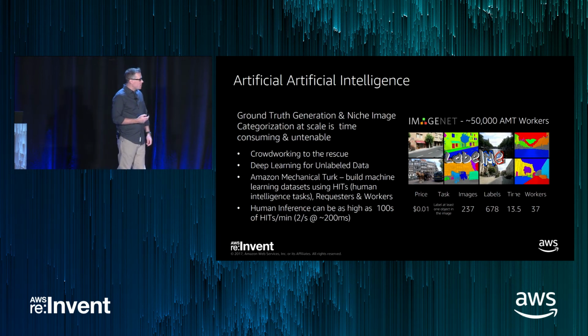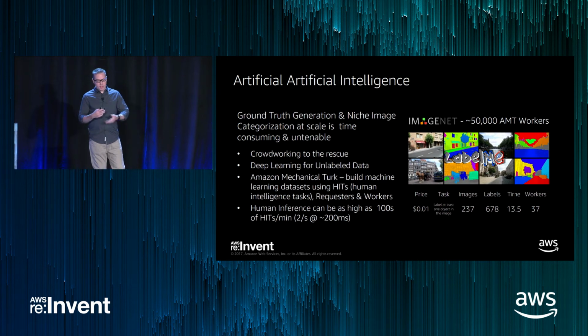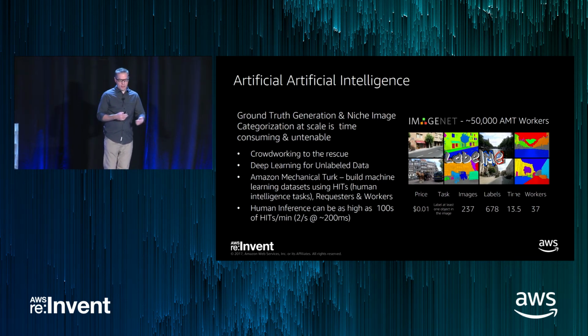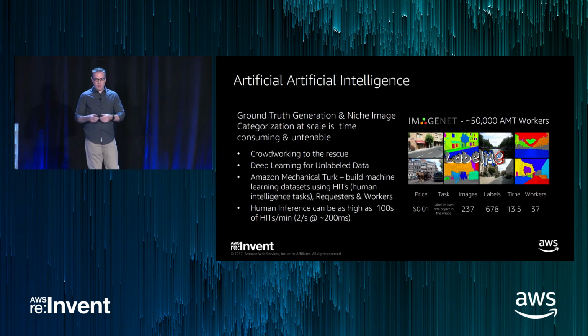But basically, what we're talking about here is building a UI, presenting that as human intelligence tasks. So in other words, I present an image to someone that is a Mechanical Turker that's signed up. They're potentially paid maybe a penny, maybe more, depending on if they have specialized skills, to click through that, maybe select labels or type in a description.